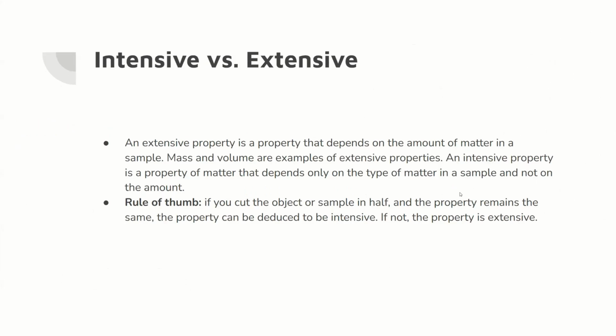Intensive versus extensive. We call back to the really beginning of the semester. An extensive property is a property that depends on the amount of mass that you have, or the matter. So mass and volume are examples of that, but intensive properties are when it doesn't depend on matter. So for example, density does not, specific volume, etc. A rule of thumb is that if you can cut the object or whatever you're studying in half and the property remains the same, then the property can be deduced intensive.